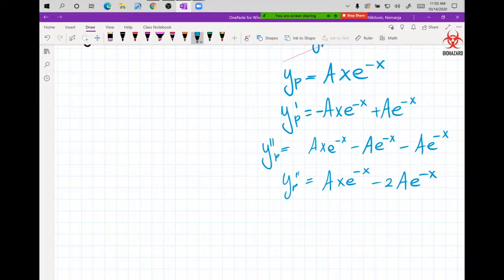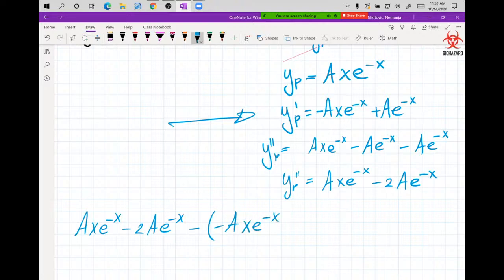So we have our y double prime. That's going to be ax e to the -x minus 2a e to the -x. And then we're going to have minus the y prime: minus ax e to the -x plus a e to the -x. There we go. And then we have times -2 of the first one.